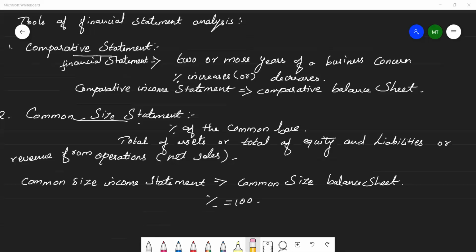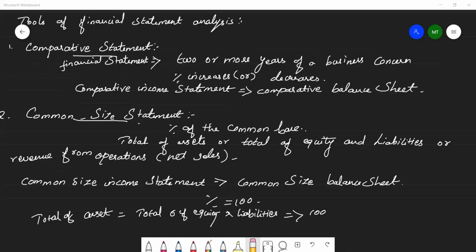Okay, common எவ்வளவு இருக்கும், 100. Okay, the various assets and liabilities are expressed as a percentage of the total assets and total liabilities. Okay, that's all.